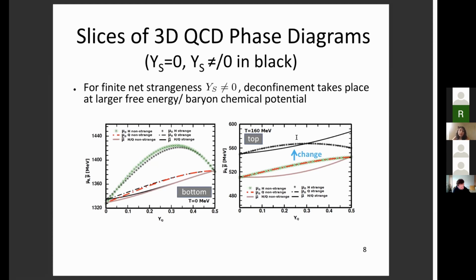So what I find is that everything is pushed to much larger free energies or baryon chemical potentials. And the effect here is different, because at large temperature, the effect is dominated by the large amount of strange quarks that appear. And they are making matter softer on the quark side.